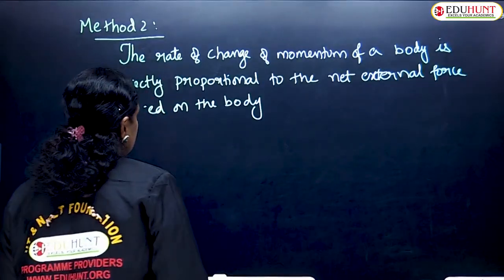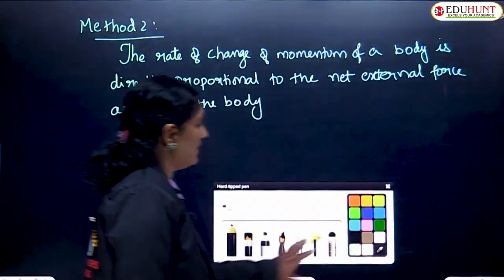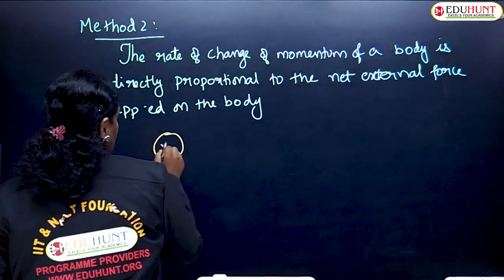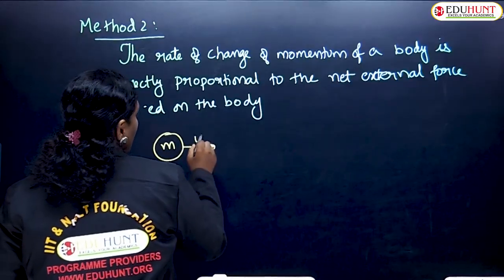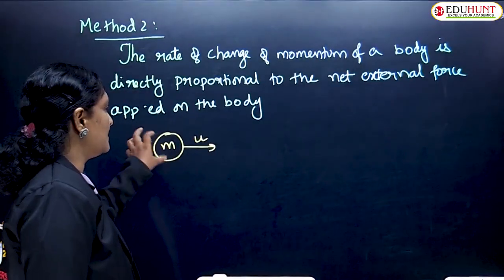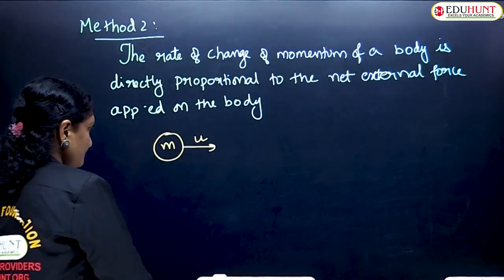In order to understand this clearly, let us consider a body of mass m moving initially with velocity u.